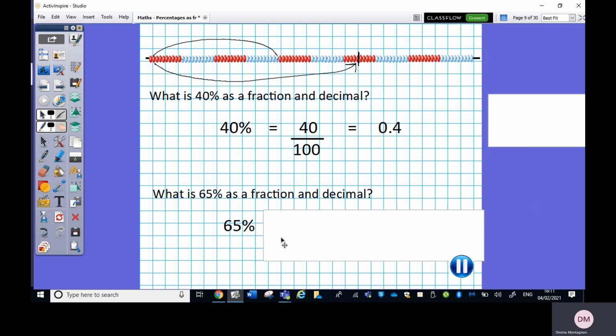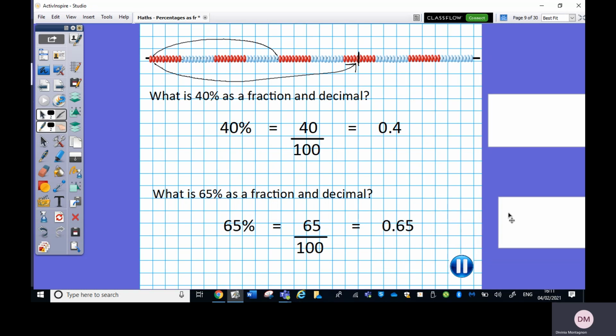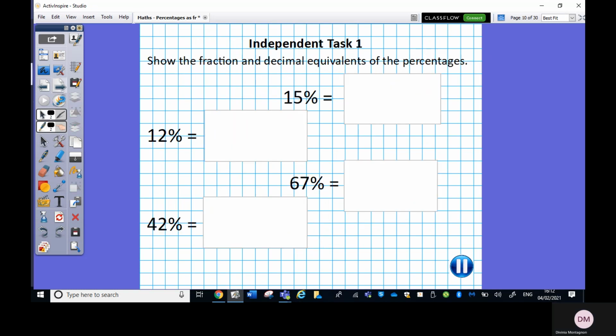And as a fraction, 65 hundredths. Good, because we're talking about 65 parts out of the 100 equal parts. And how would I write that as a decimal? Excellent, 0.65. Remember, any digit after the decimal we say individually, so it's not 0.65 but 0.65.